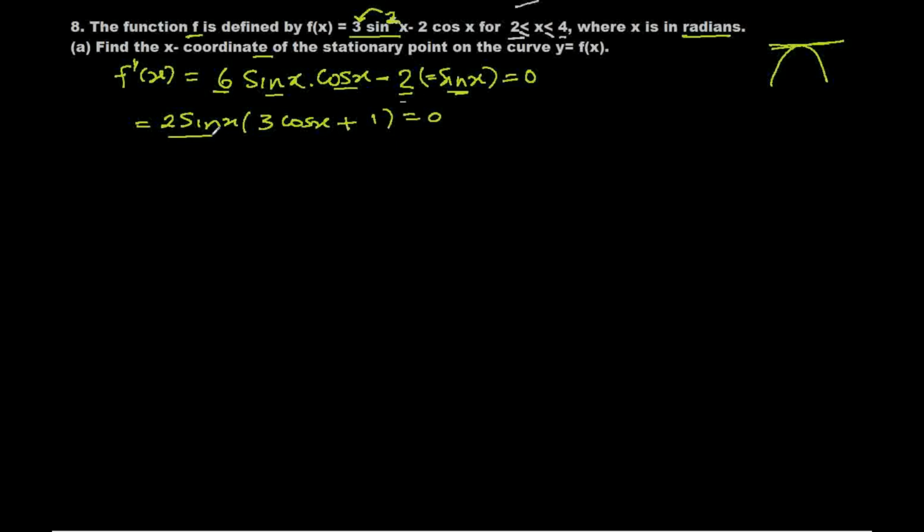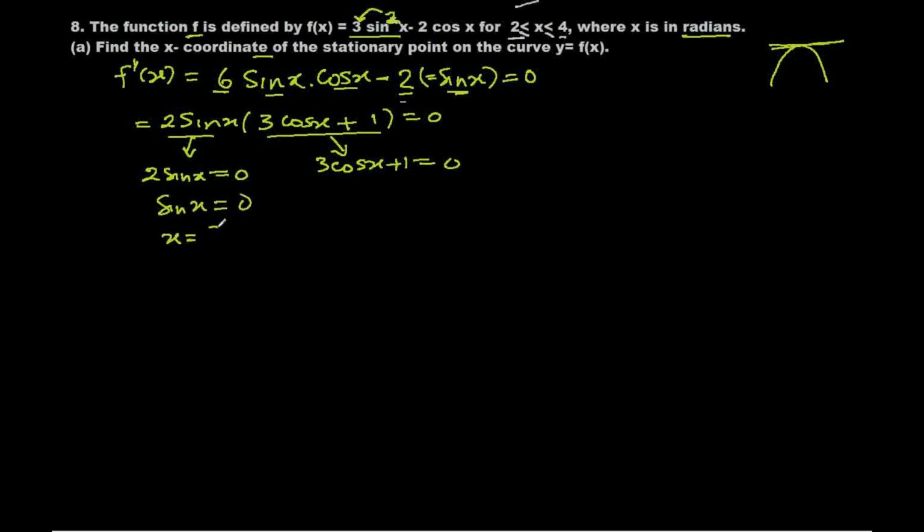Now it is already factored. That was the purpose of factoring, so that we get two answers from this. So the first one is 2 sine x equal to 0, and this gives us 3 cos x plus 1 equal to 0. So here sine x equal to 0, because 0 divided by 2 is 0.